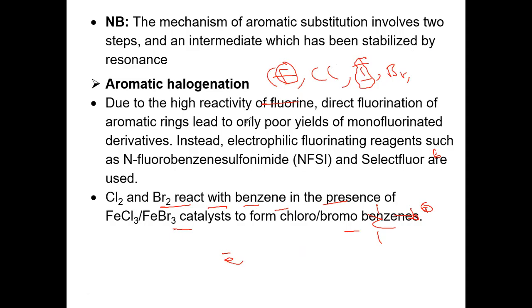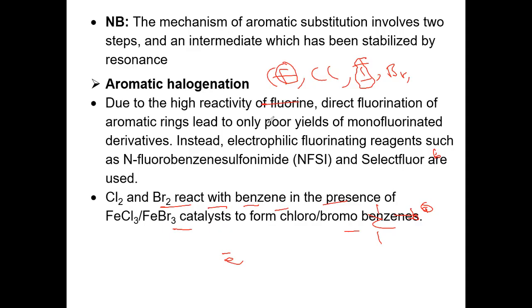Now, we are seeing that fluorine is highly reactive as we expect it to be. And so direct fluorination of aromatic ring leads to only poor yields of monofluorinated derivatives. Instead, electrophilic fluorinating reagents such as N-fluorobenzenesulfonimide and Selectfluor are used.